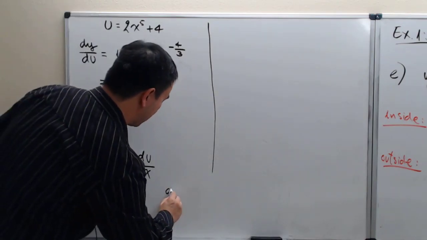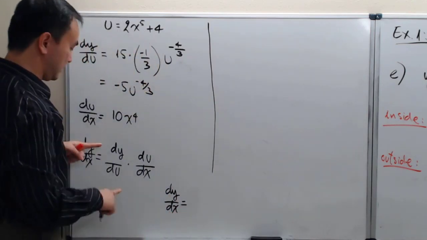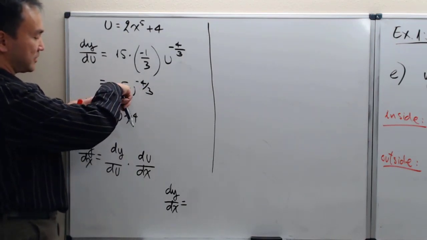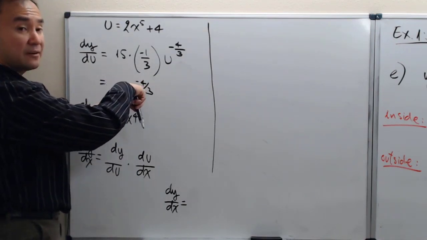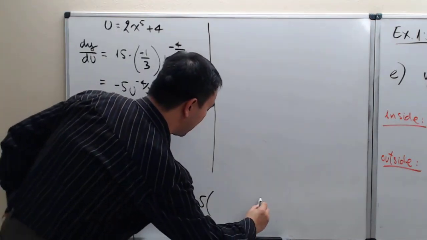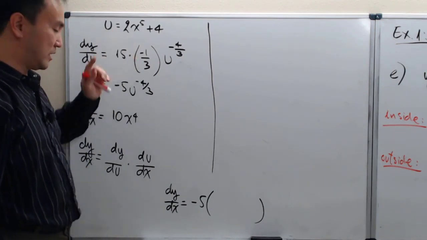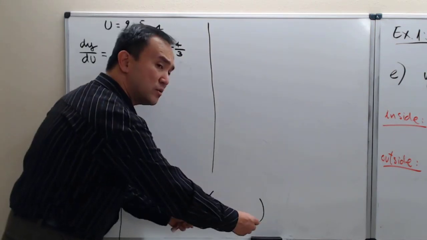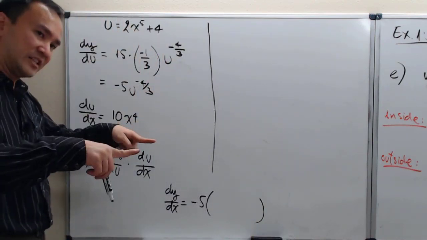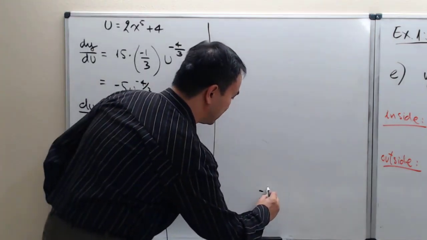So dy dx in the end is minus 5 times u to the negative 4/3 power. But this time I'm getting ready to substitute back whatever the substitution for u was. So instead of writing u, I'm going to write a big, huge empty space right there, fenced by parentheses, to the negative 4/3.